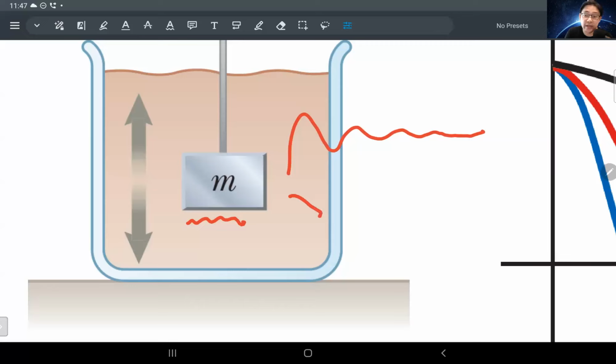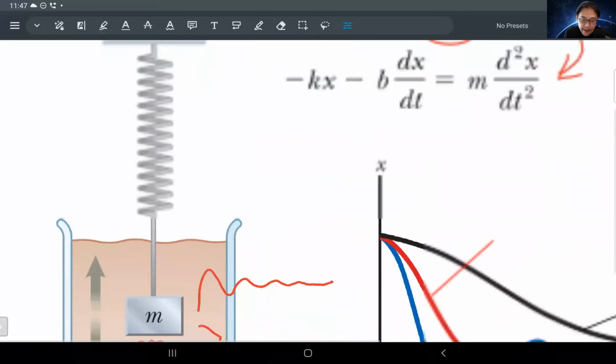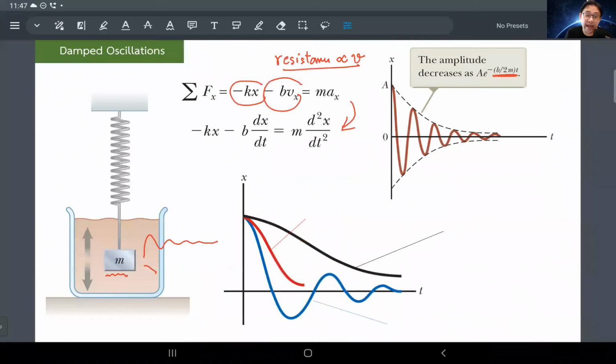There's no oscillation behavior. Industrial grade glue. If it's a glue, maybe it's already stuck right away. It doesn't show up. So that's the key too. So it depends on the environment that the mass is in. It depends on the magnitude of the resistance. Sometimes the resistance is way too high, so you won't see any oscillation whatsoever.